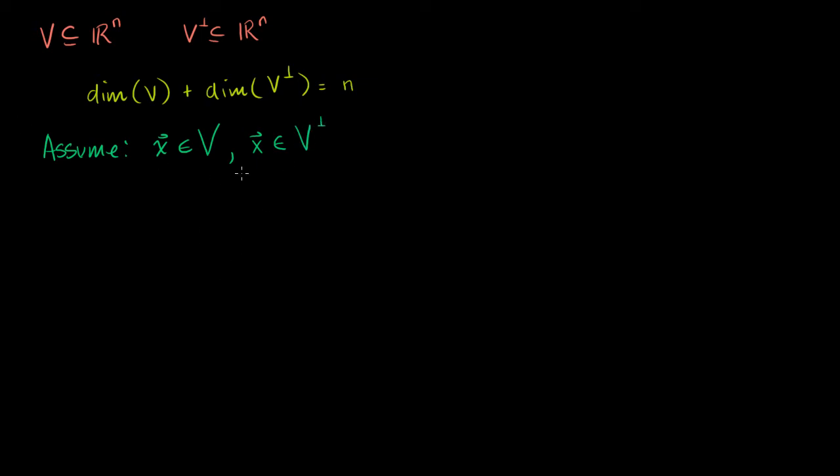Now, what does this second statement mean? Membership in the orthogonal complement means that x dot v is equal to 0 for any v that is a member of our subspace.